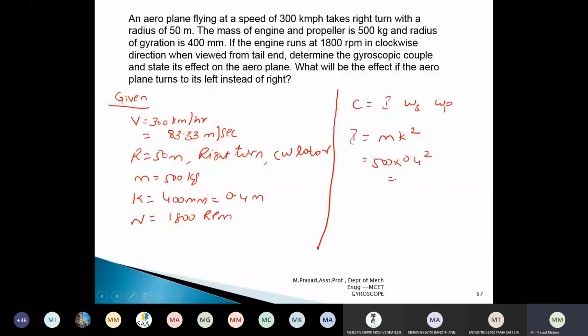Give me the answer for 500 into 0.4 squared. What is the answer we are getting? 80, right. 80 kg meter squared, I we got. And the angular velocity of the spin, omega s, is 2 pi N by 60, that is 2 pi into 1800 by 60.